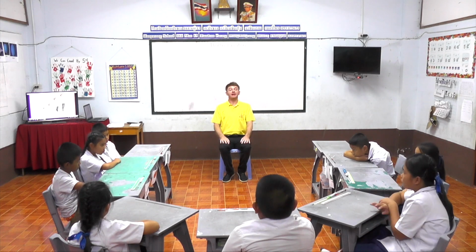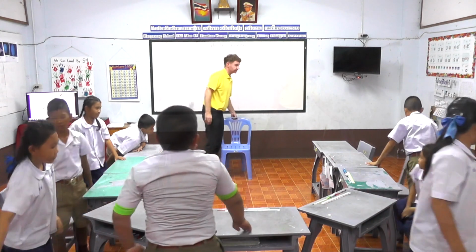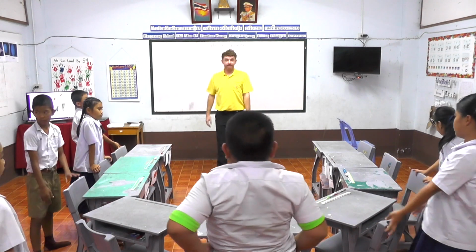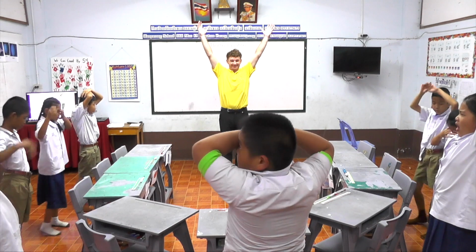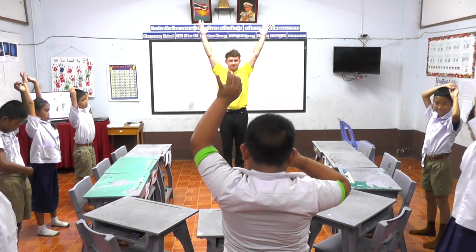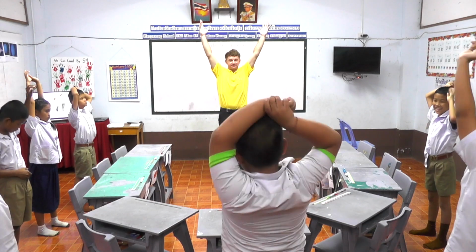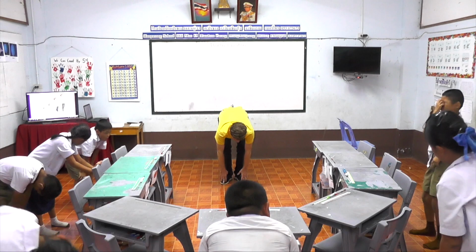Excellent. And next we'll do our stretch sequence. Let's stand up and push in our chairs. We can begin by stretching up high to the sky, high as we can. And then let's go down low, touch our toes.